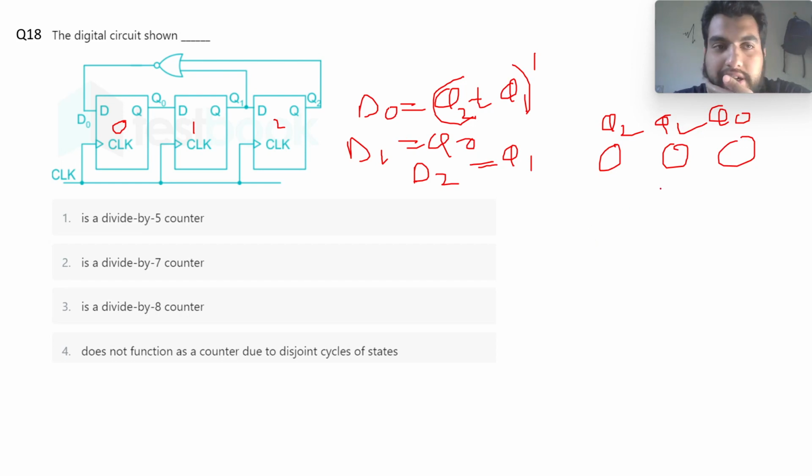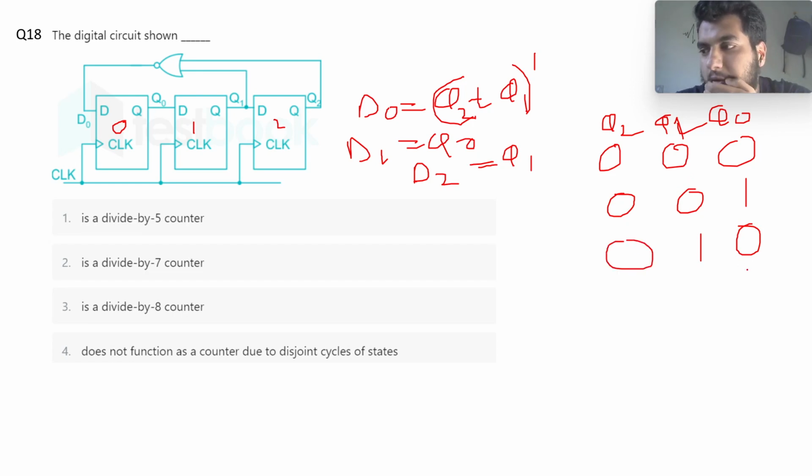My next state will be Q2 NOR Q1, which is 1, and D1 gives Q0 equal to 0, and this will also be 0. Then the next state will be 0, 0, 1.